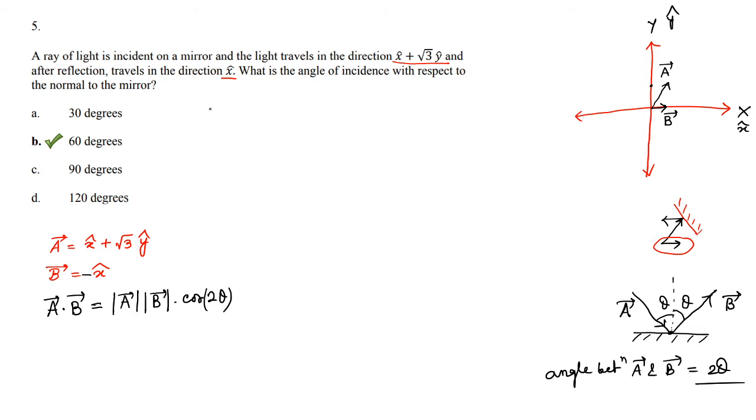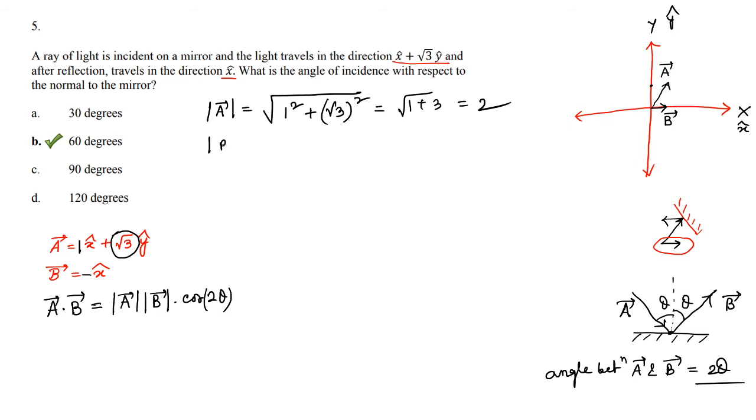So how to calculate it? Mod A vector is equal root over the sum of the square of the coefficients of x cap and y cap. Here it is 1 and root 3, right? So 1 square plus root 3 square, that is root over 1 plus 3, that is root over 4, that is 2.